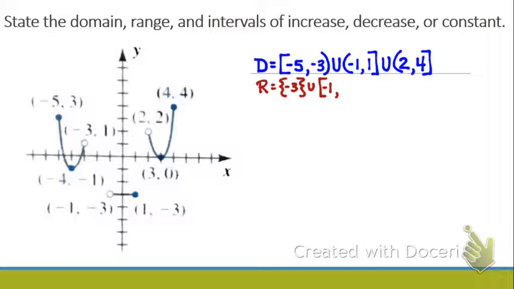Because I can move along here without picking up my pencil, I know all the values in between -1 and 0 I have outputs for, right? In fact, I can go all the way up to here. I can go all the way up to what on the y-axis? 3. Does it keep going higher than 3 over here? What's the highest I ever go? 4.